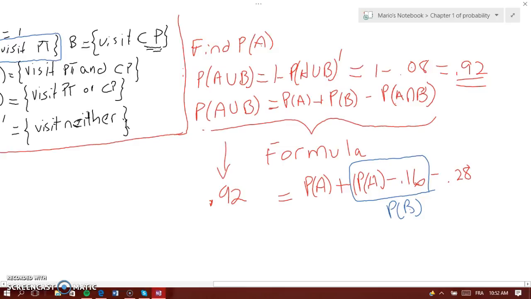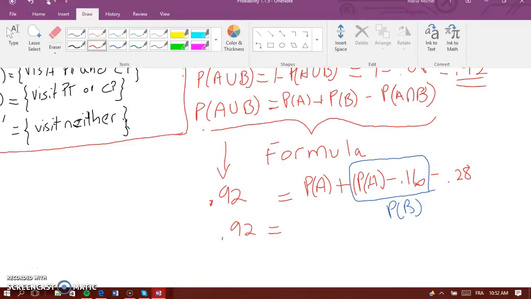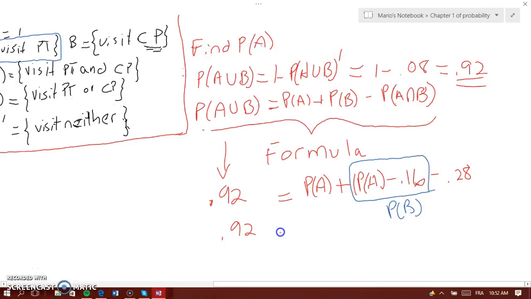So we find 0.92 equals... Before I do that, let me just do two at the same time. 0.92 plus 0.28 plus 0.16 equals 2 PA, which would equal 1.36 equals 2 PA.